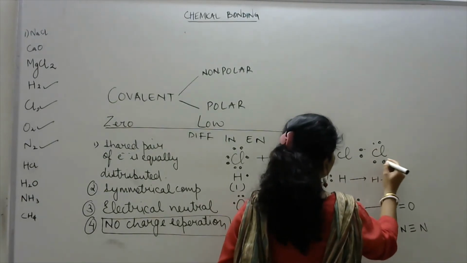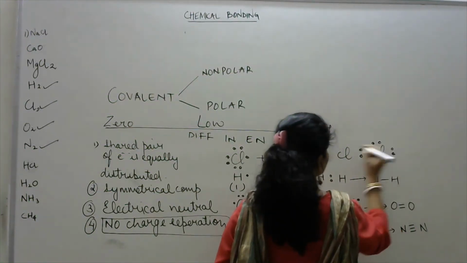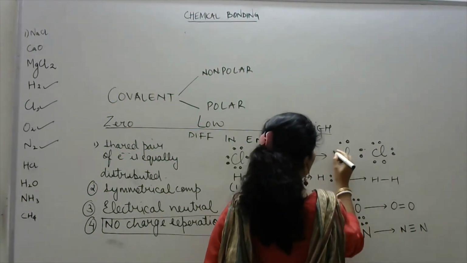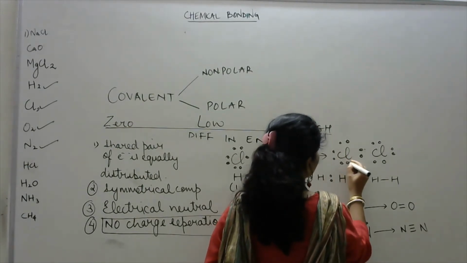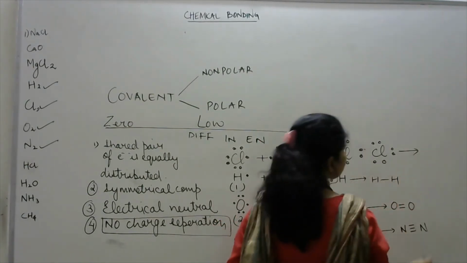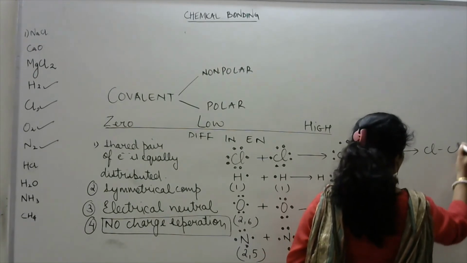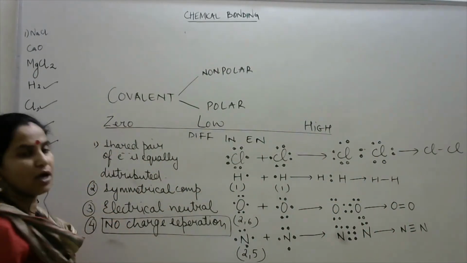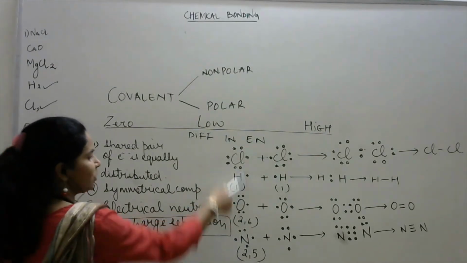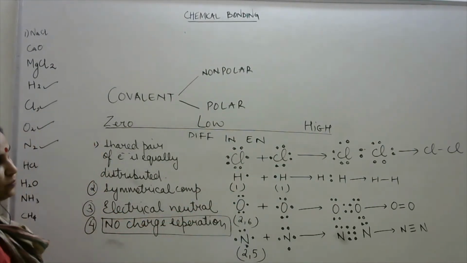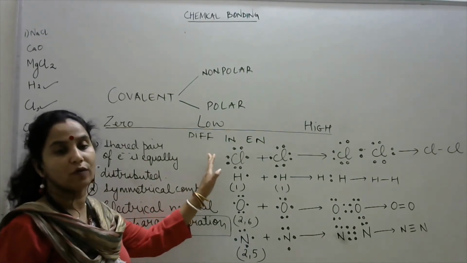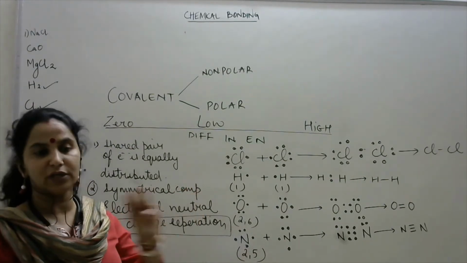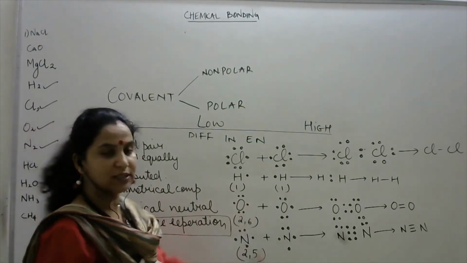So this is again a single covalent bond. This will also be denoted by a single line. So this is a non-polar covalent bond. This is an example of the non-polar covalent bond. So all the non-polar covalent bonds are electrically neutral, no charge separation.